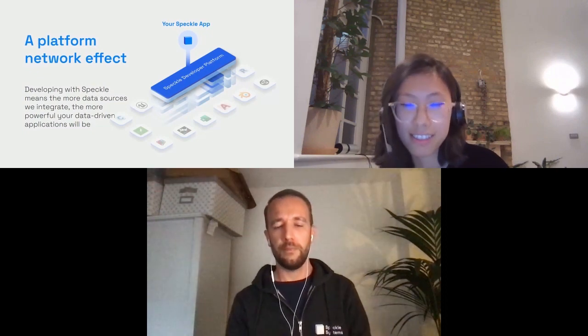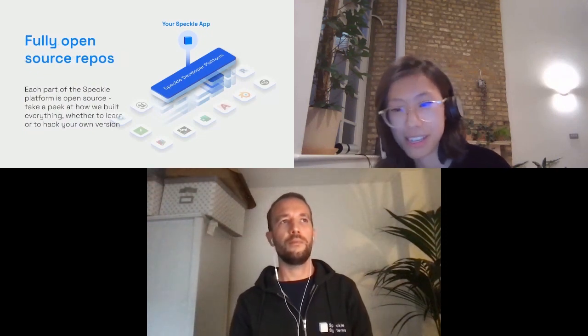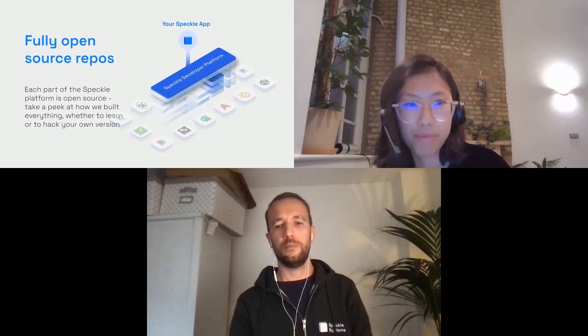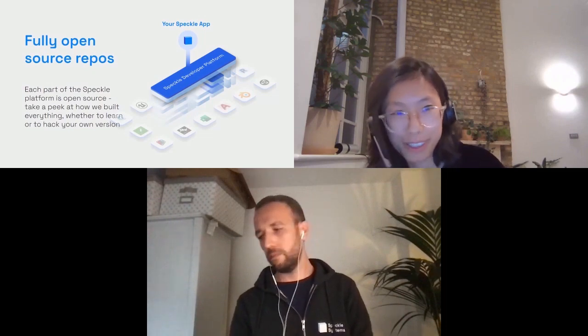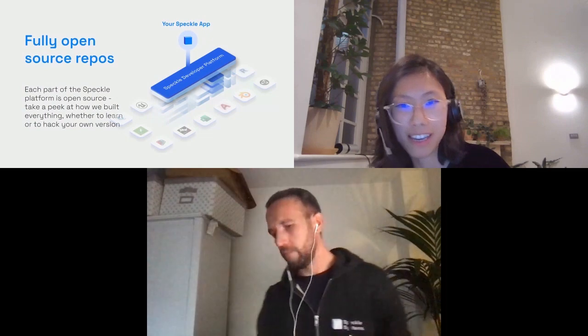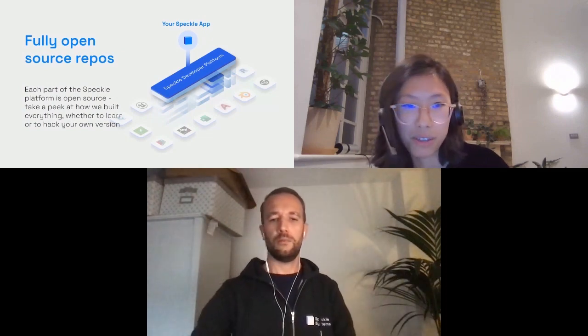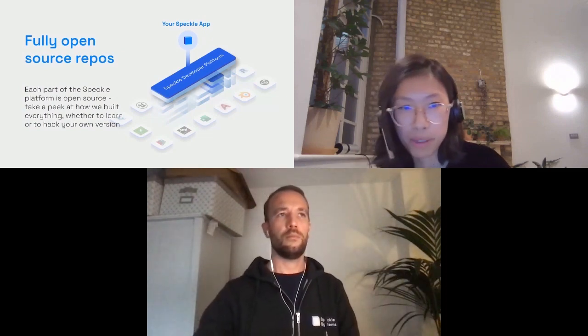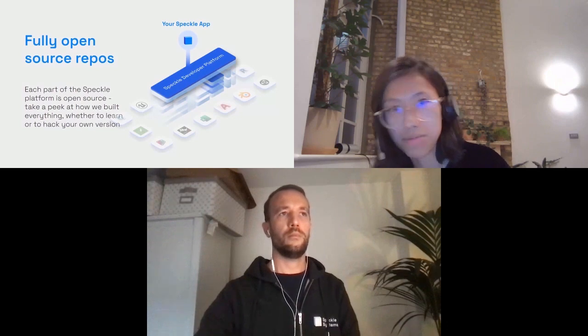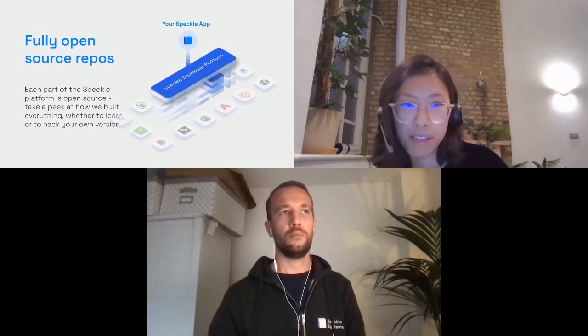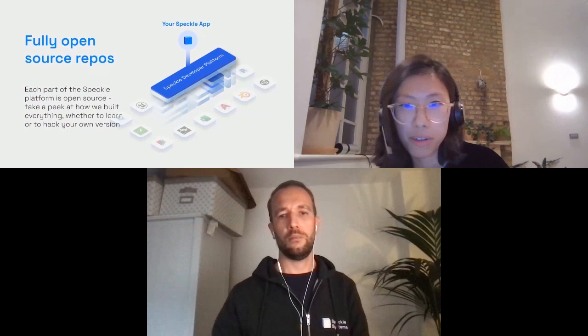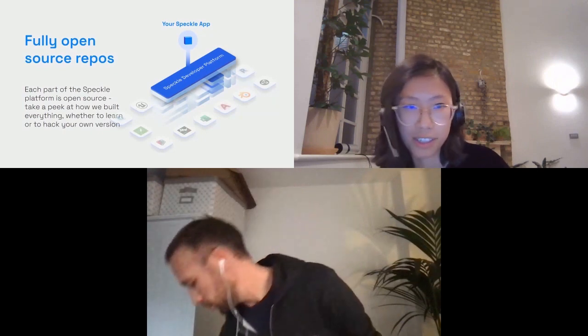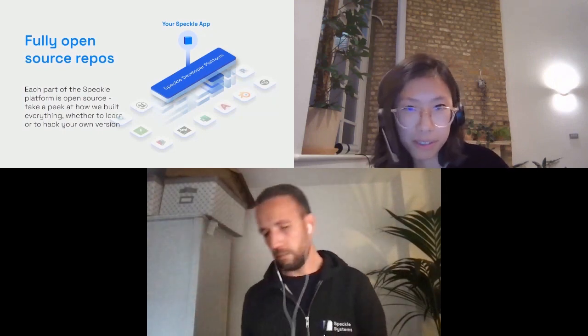And the second, of course, is the open source aspect of it. Almost every single part of Speckle is open source, and that allows you to take a peek into how we build everything, whether it's to improve your own development skills or to hack a version of what we've already built.